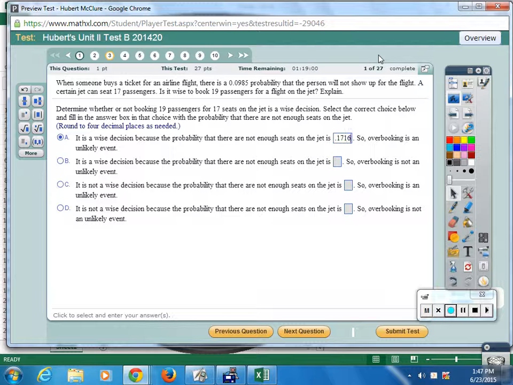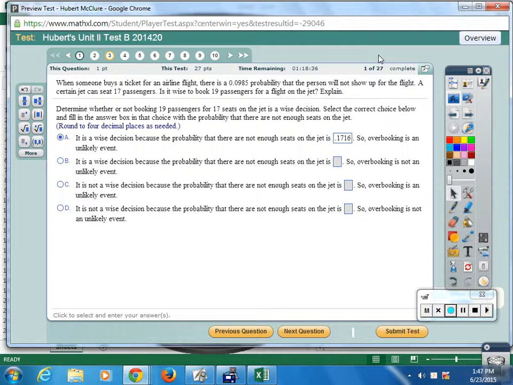You've got a 91% chance that they're going to show up. But the way the probability works out, that all 17 will show up is what? 17%. So it probably is a wise decision, although I wouldn't overbook, period, because I don't want to deal with the people fussing if they all show up.